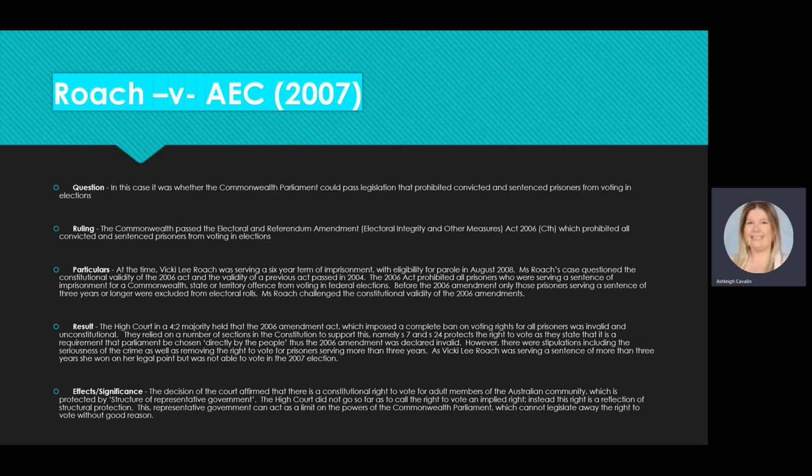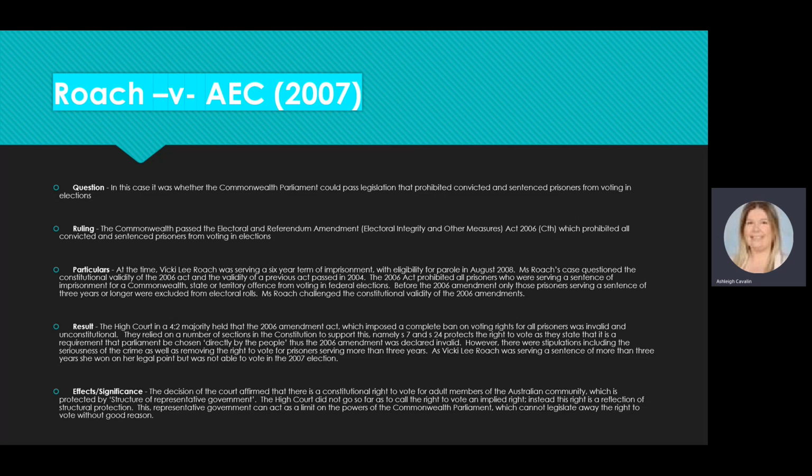What was the result? Well, the High Court, in a 4-2 majority vote, so there were obviously 6 judges, 4 went one way and 2 went the other way, held that the 2006 Amendment Act, which imposed a complete ban on voting rights for all prisoners, was invalid and unconstitutional.